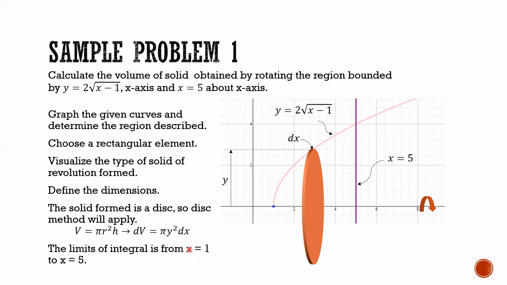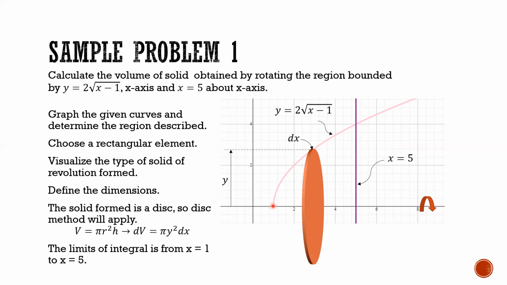So you might be thinking, how did we end up with x is equal to 1? From the drawing, this curve is actually representing a half parabola. So all we have to do is determine the vertex of this parabola by converting it to its standard form, like what we did in the previous application. And then we would be able to figure out that this is the point where it would intersect the x-axis.